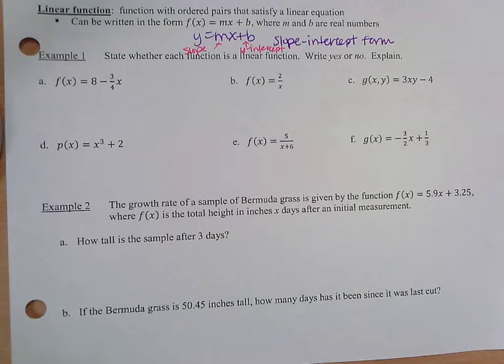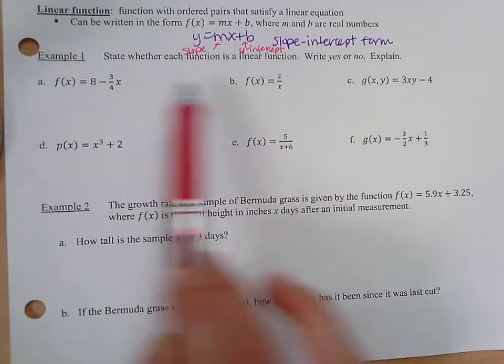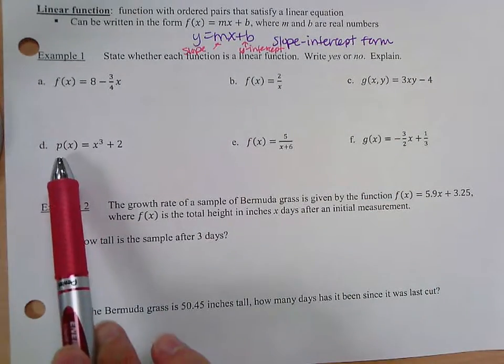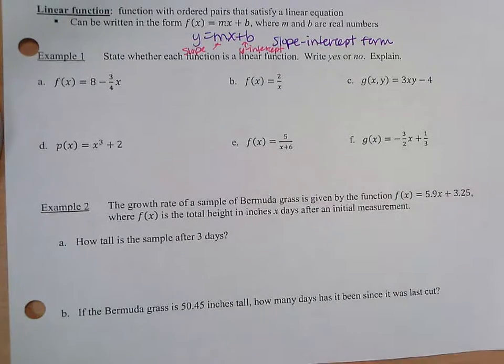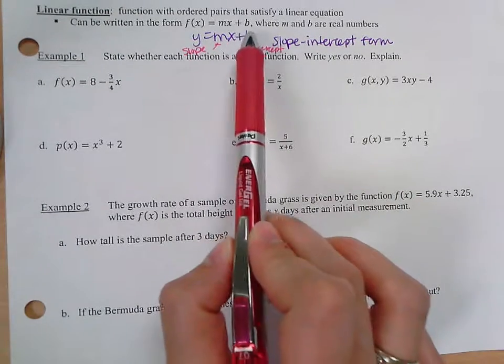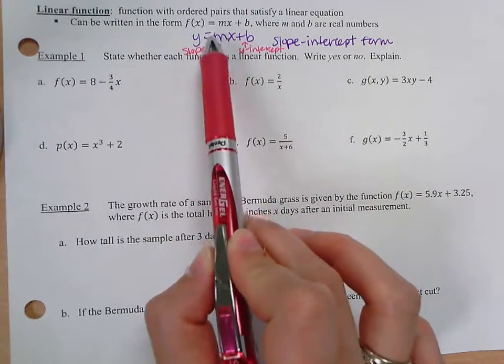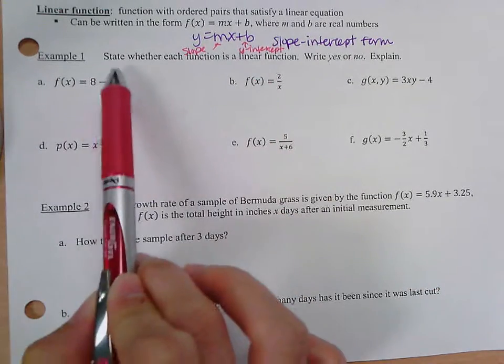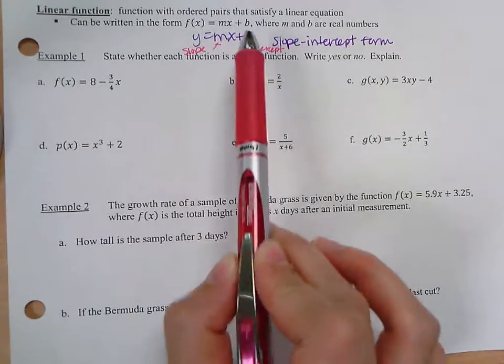Would you say that's linear? And it could be, because of the way these are written too, with the function notation, if it's already written in this form, you know it's linear. So is this in slope intercept form?